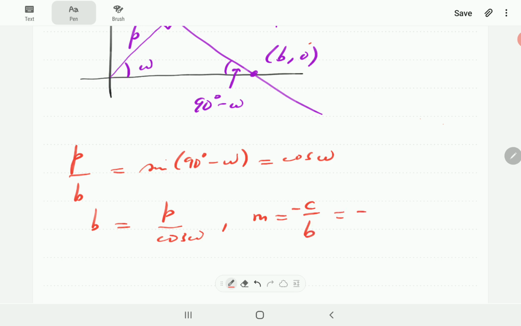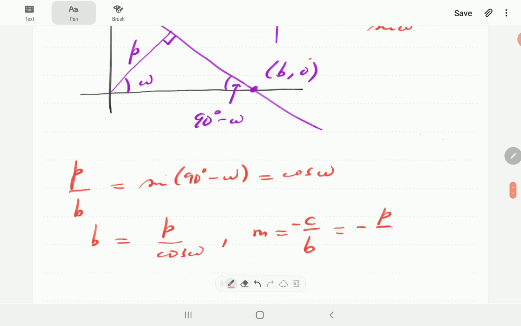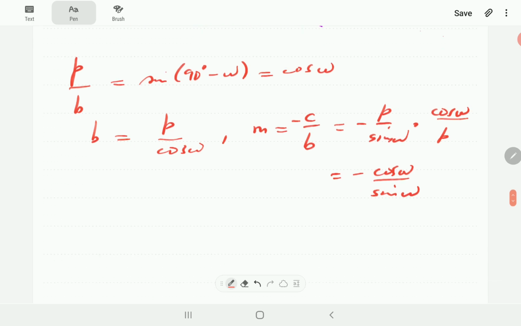But c here is p over sine omega, and then the inverse of b gives us cosine omega over p. So this is minus cosine omega over sine omega.